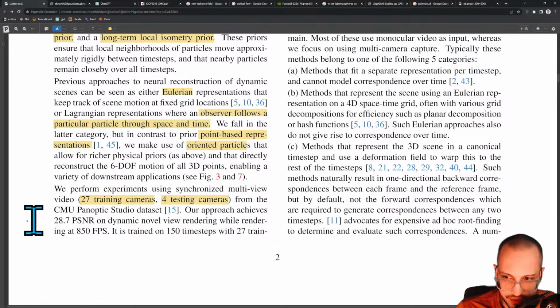Our approach achieves a 28.7 peak signal to noise ratio on dynamic novel view rendering while rendering at 850 frames per second. Holy shit. That's way faster than we'll ever need it. I think for VR headsets, for example, the headsets you have now are generally 60 frames per second.